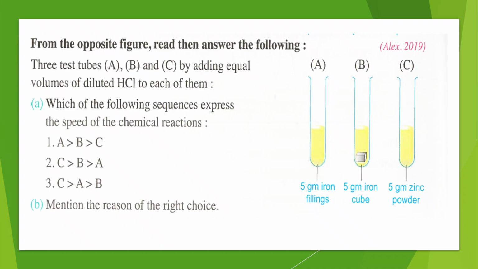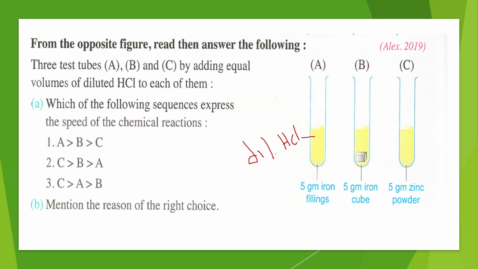Okay, let's come to another question. We have 3 test tubes. In each one of them, we have hydrochloric acid. Hydrochloric acid is diluted in the 3 test tubes. So we have dilute HCl in each of the 3 test tubes, okay?